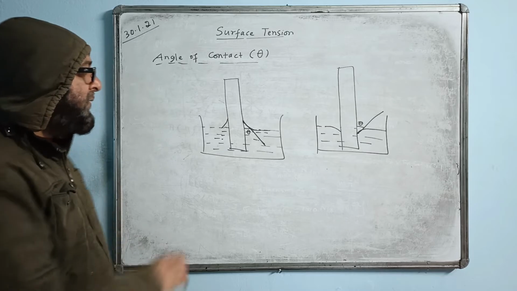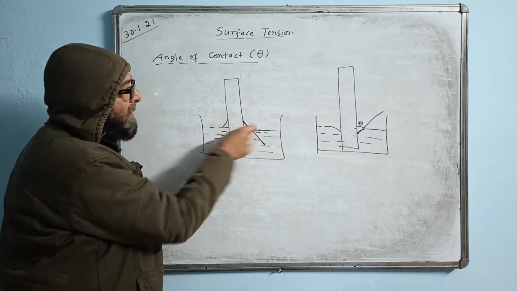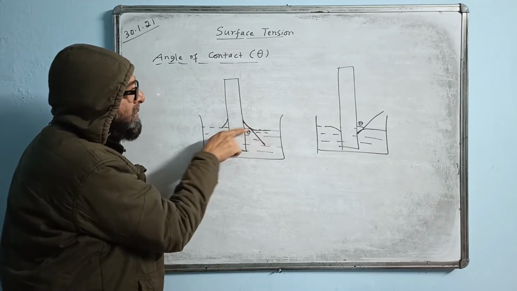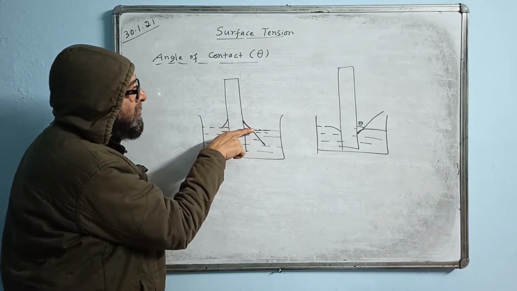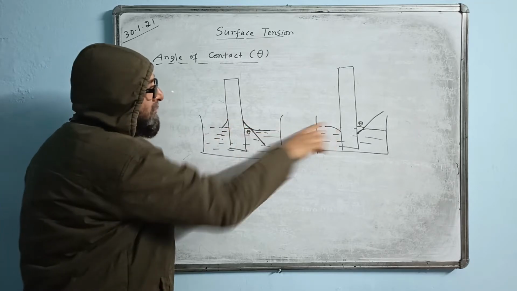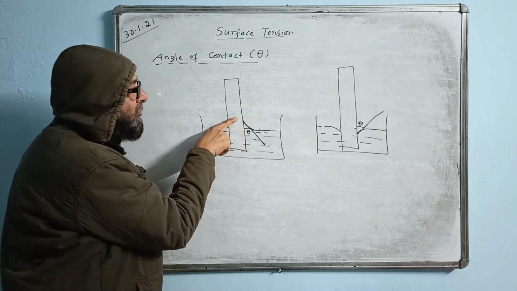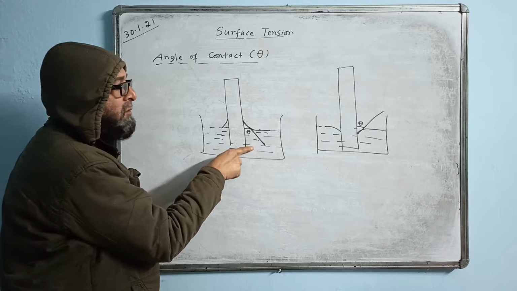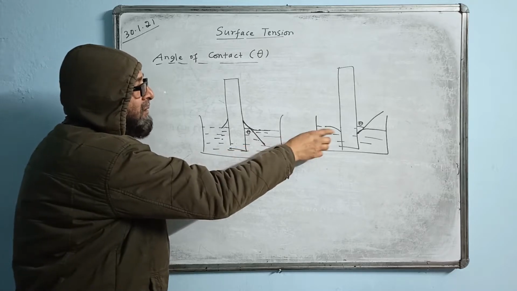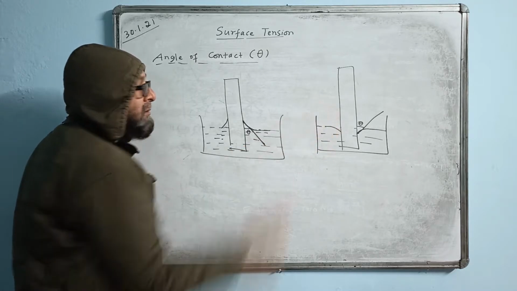So when you see the liquid climbing up, this kind of shape is formed. This is called a concave shape, and this is a convex shape. In the concave case, the adhesive force will be stronger than the cohesive force. And in the convex case, the cohesive force will be stronger than the adhesive force.